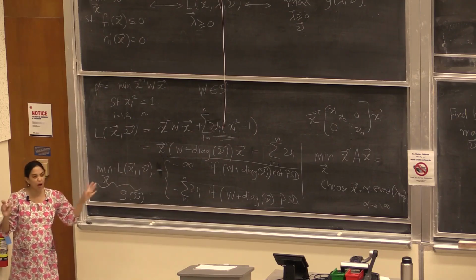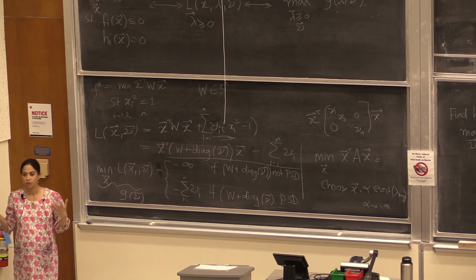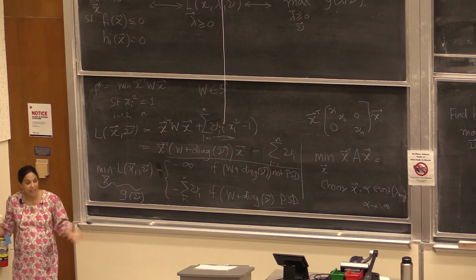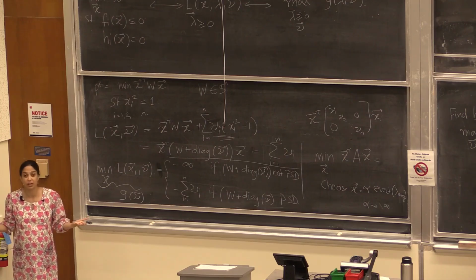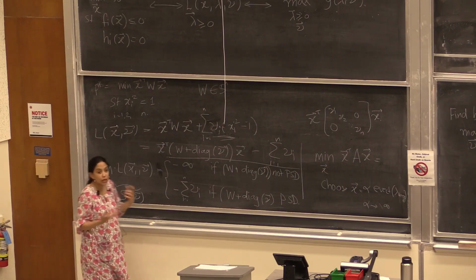Which case do you want to be in? Do you want to be in the case where you're always resigned to be negative infinity? If you want to maximize your function, do you ever want to be negative infinity? No, that's a disaster. That's like the worst maximization you could ever get. So remember, you get to choose nu.